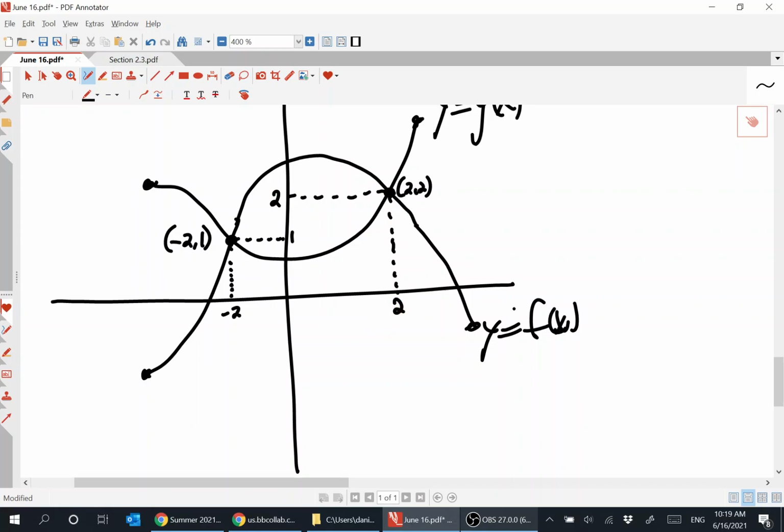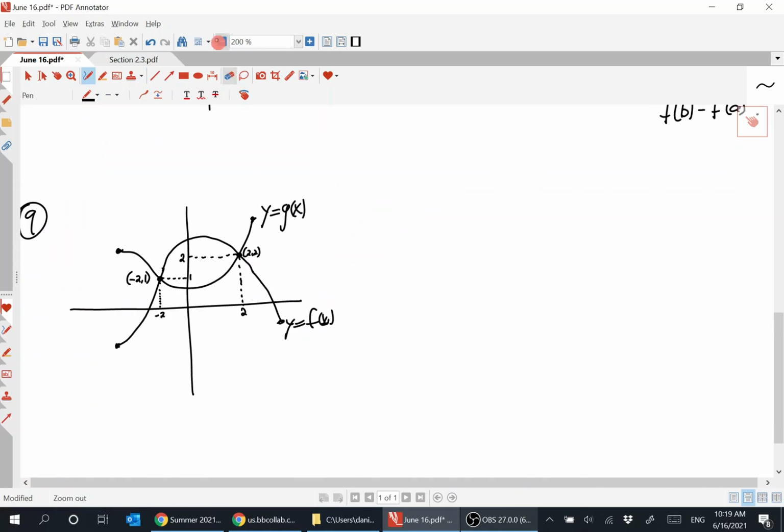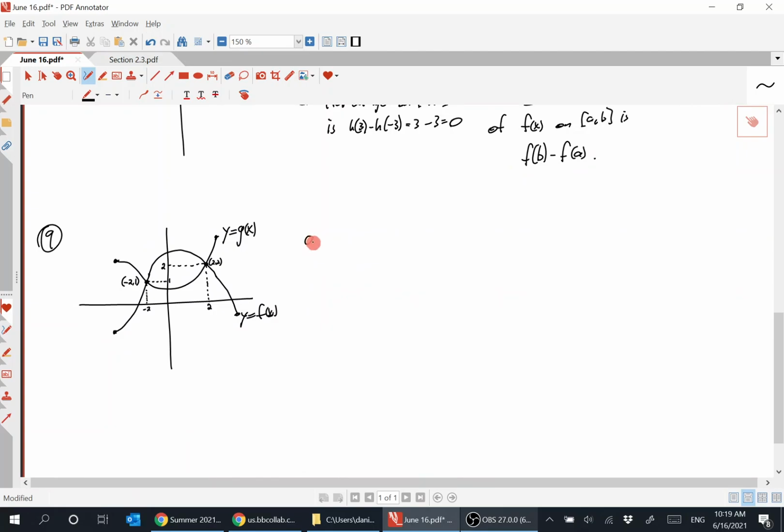And it asks you several questions. A, which is larger, f of 0 or g of 0? Well, that's the x-axis, that's the y-axis.